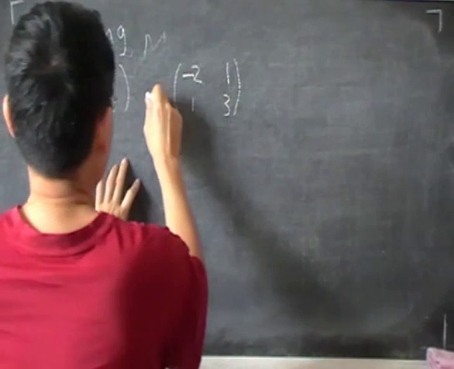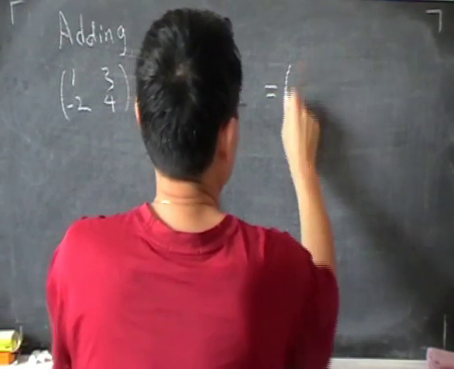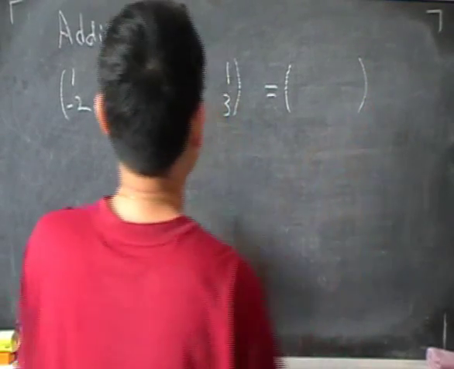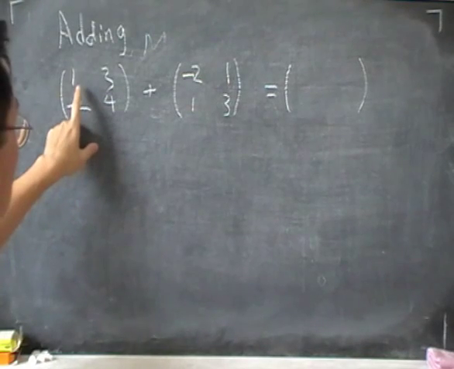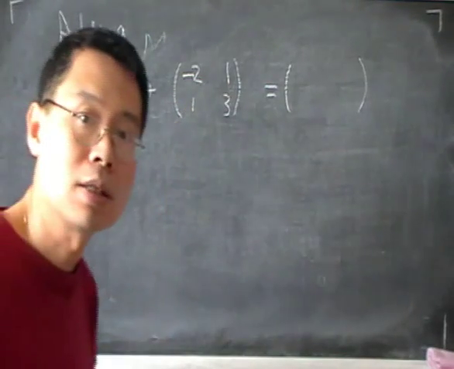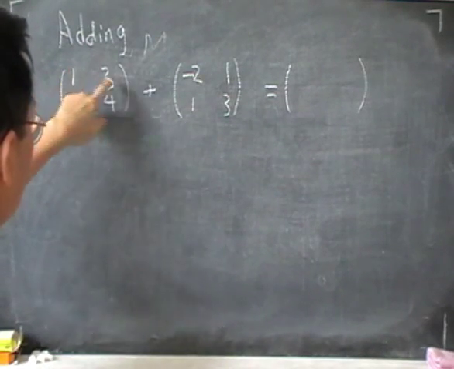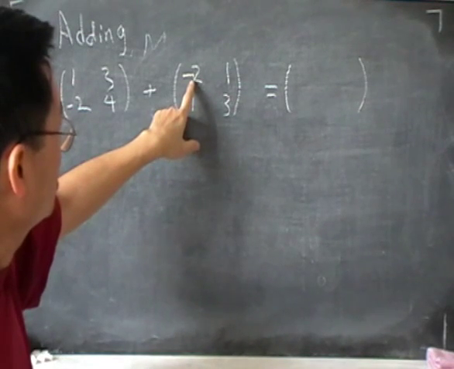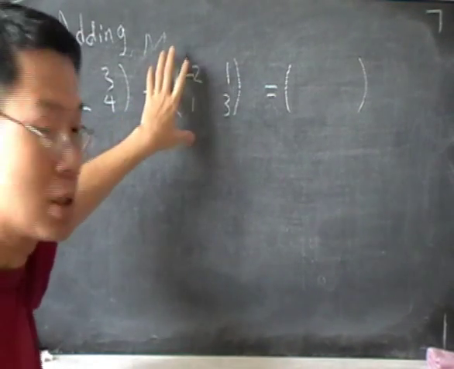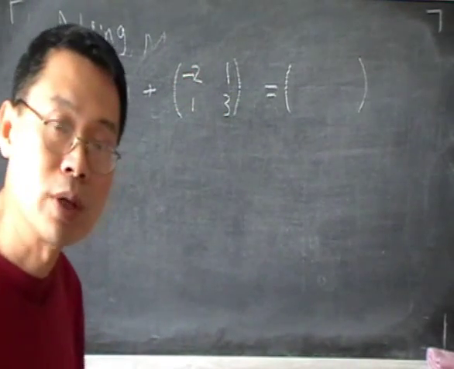So let's see how I would add these two. Now the way to add a matrix is simply to add the corresponding numbers. So if I start with this number 1 in the first row and first column, I would add it to the number in the other matrix that is also in the first row and the first column.